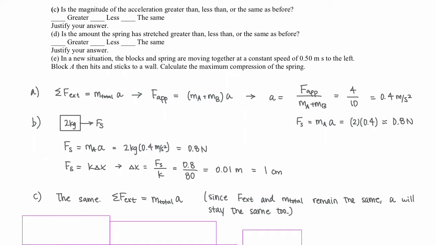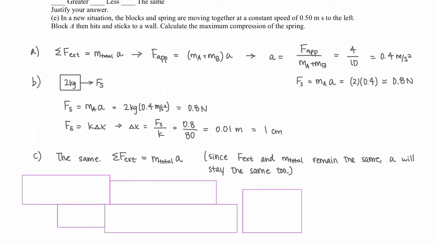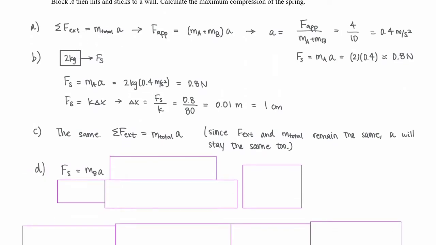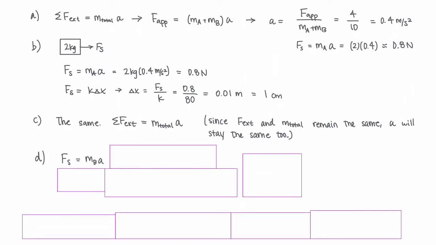Part D: is the amount that the spring is stretched greater than, less than, or the same as before? Well, we don't really need to draw a free body diagram. We could, but the spring force is now going to be acting on block B. So figuring out what that force is, we can multiply the mass of B, which is 8, times the acceleration, which is still 0.4, to get a new spring force of 3.2 newtons.